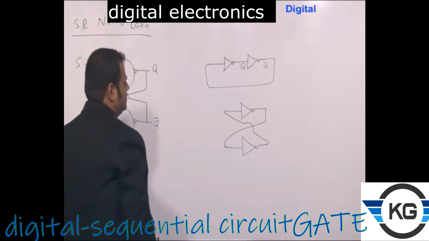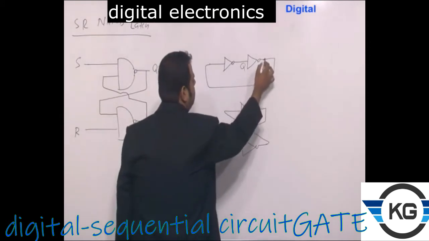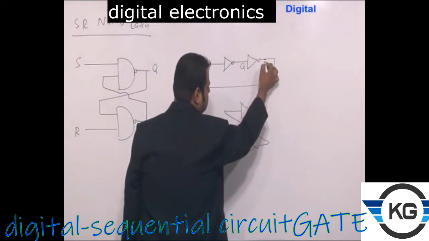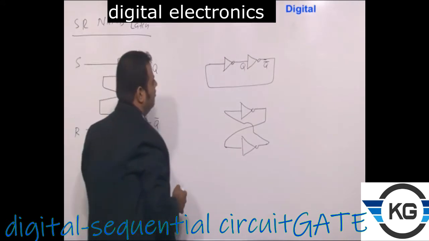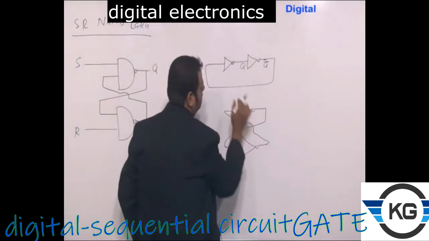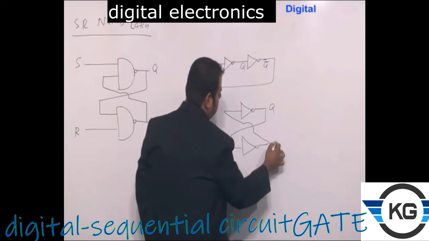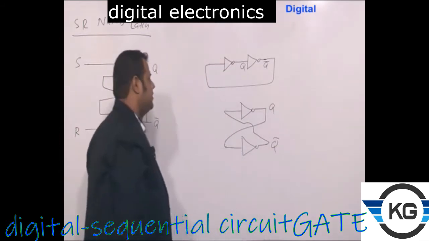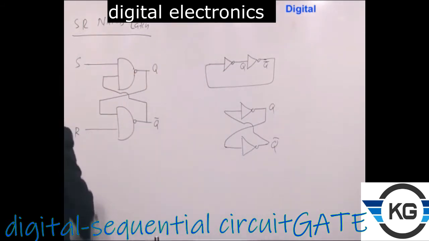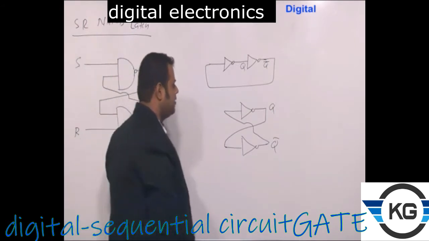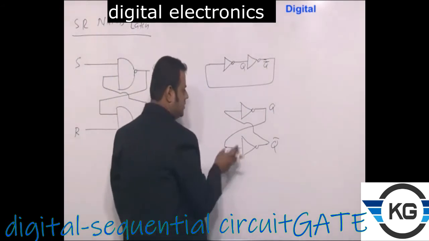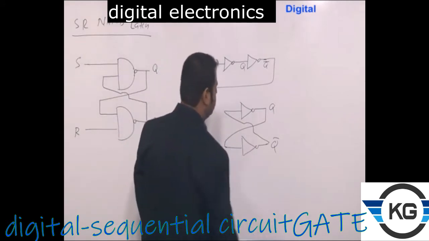If this is Q, then definitely this is Q bar. So one output of this NOT gate is Q, another output is Q bar. It is evident that if you pass a variable through an inverter, the output will definitely be its complement. So this is a normal structure you are getting.